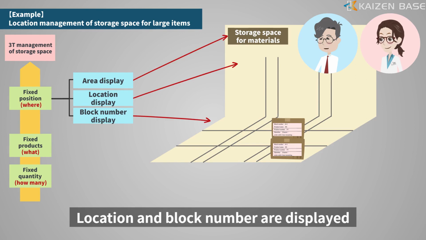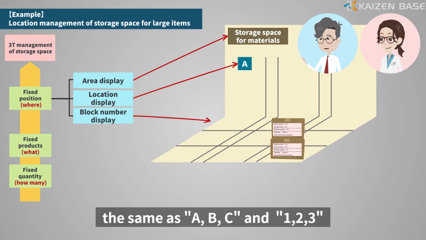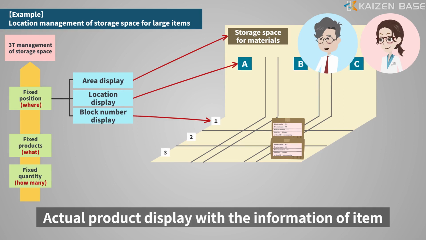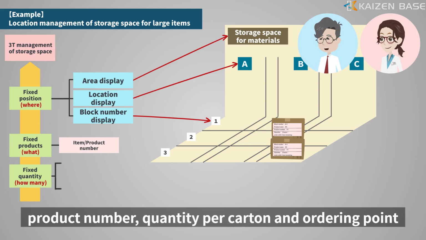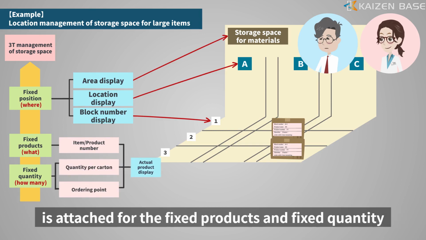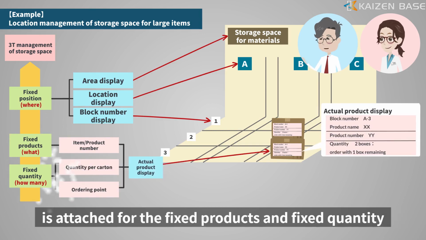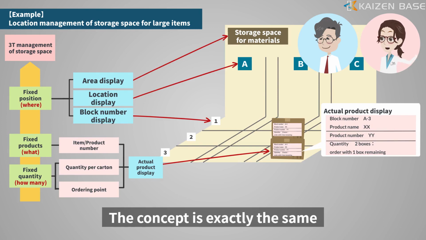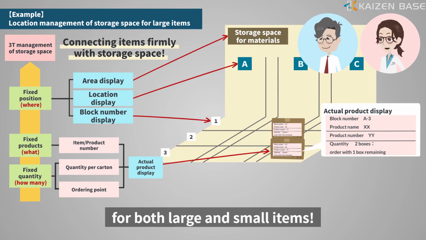Location and block number are displayed the same as A, B, C and 1, 2, 3. Actual product display with the information of item, product number, quantity per carton and ordering point is attached for the fixed products and fixed quantity. The concept is exactly the same for both large and small items.